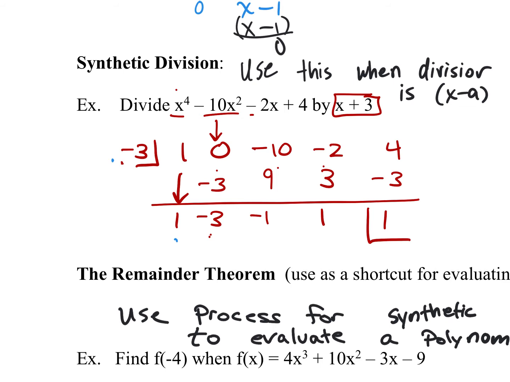Our last term underneath the synthetic division symbol is our remainder, and these remaining quantities are the coefficients on our resulting quotient. This has 1, 2, 3, 4 terms, so it must be cubic. So we would write our final answer as x to the 3rd minus 3x squared minus x plus 1 divided by x plus 3.